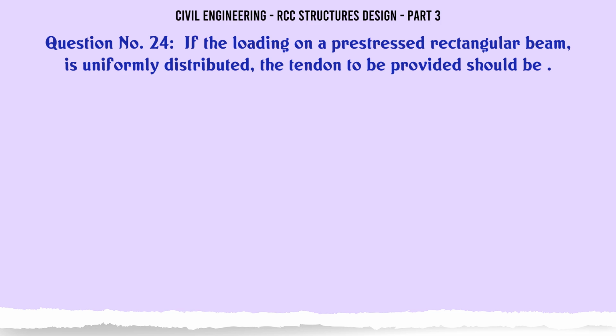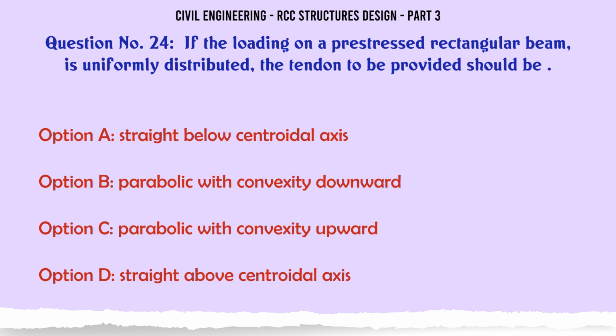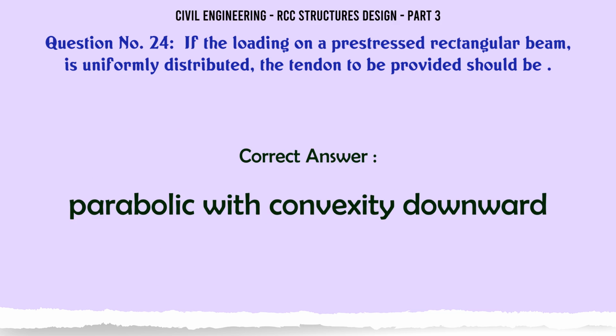If the loading on a prestressed rectangular beam is uniformly distributed, the tendon to be provided should be A. straight below centroidal axis, B. parabolic with convexity downward, C. parabolic with convexity upward, D. straight above centroidal axis. The correct answer is parabolic with convexity downward.